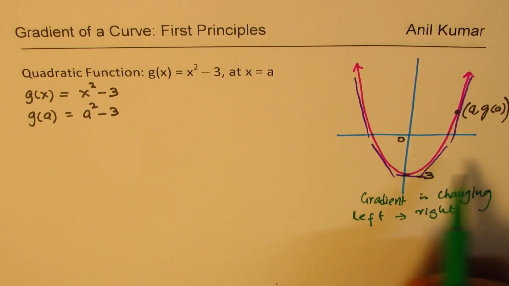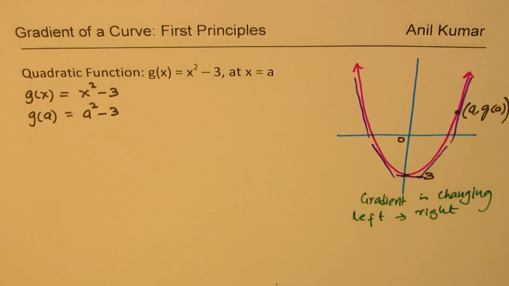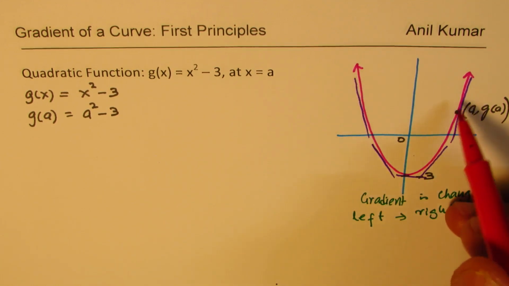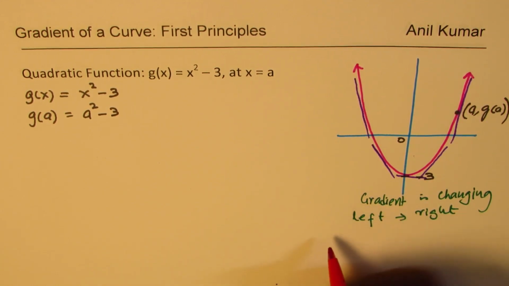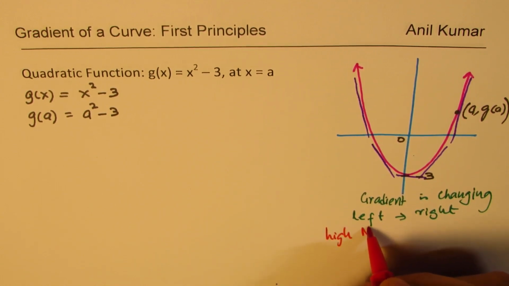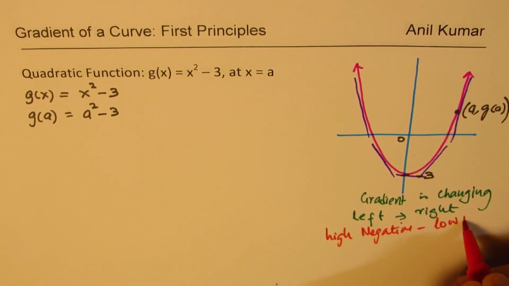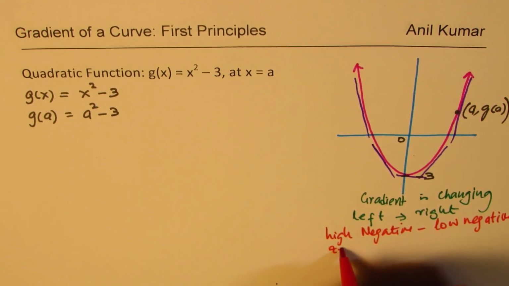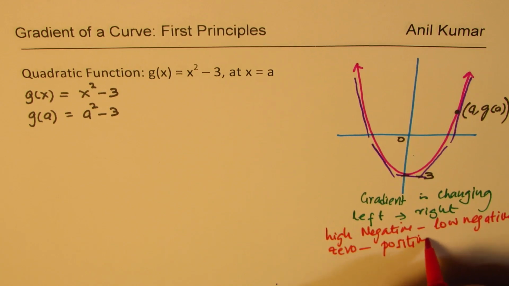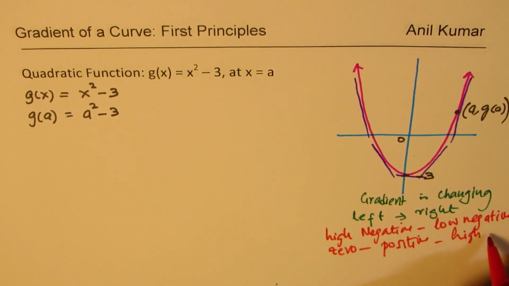So the gradient is changing, and you will see all over the curve, it is going from high negative to low negative to 0 to positive to high positive.